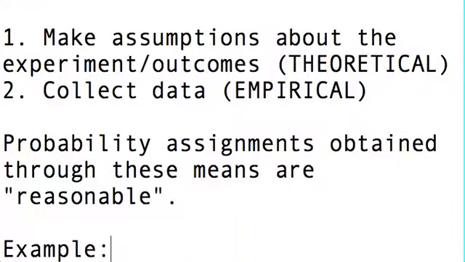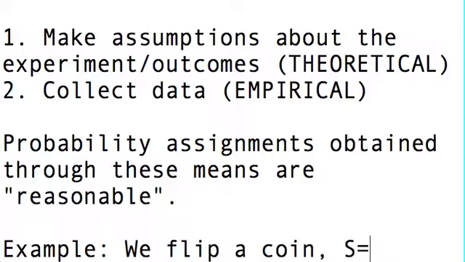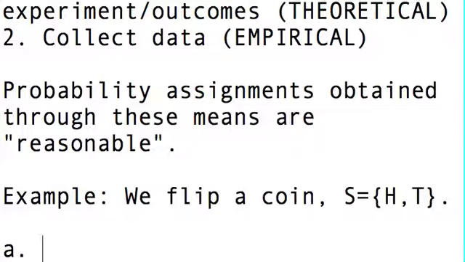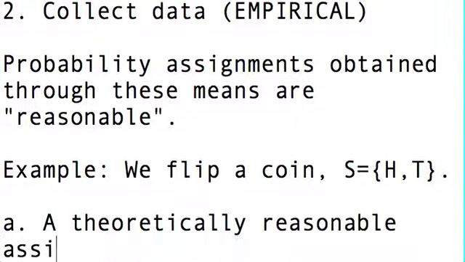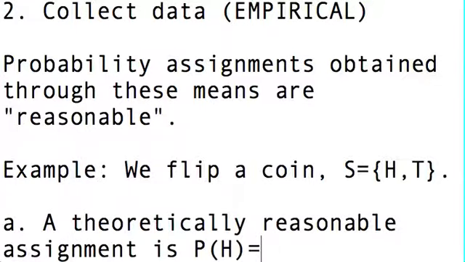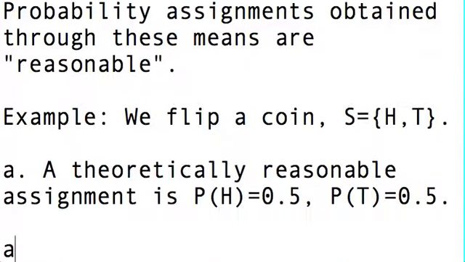We flip a coin, it lands on one side, heads or tails, so our sample space is just S equals H and T. So a theoretically reasonable assignment of probabilities is P of H is equal to 0.5 and P of T is also equal to 0.5. Why is this acceptable?